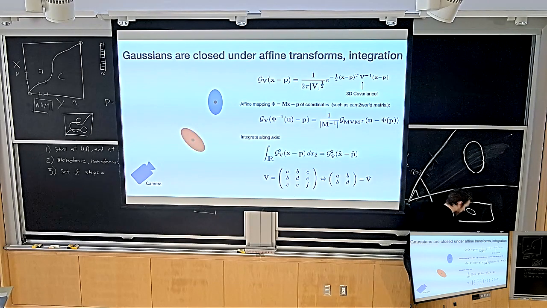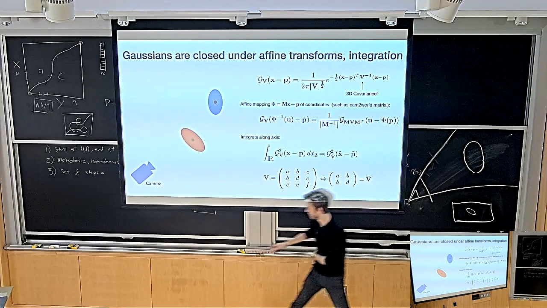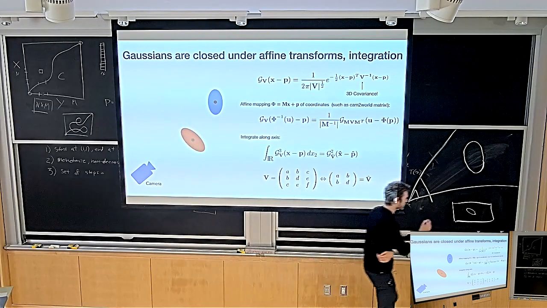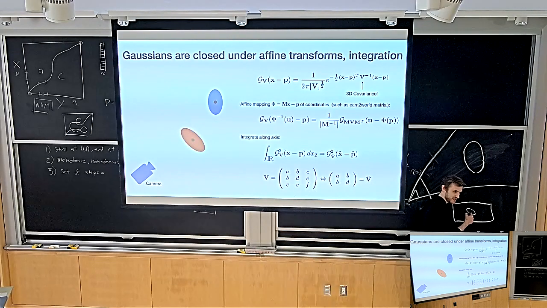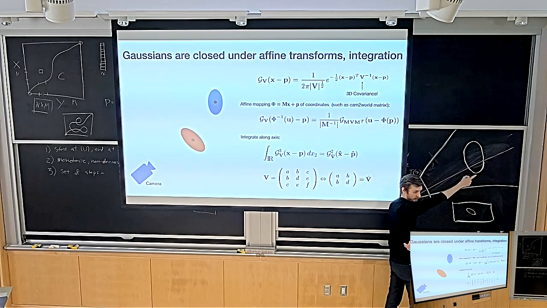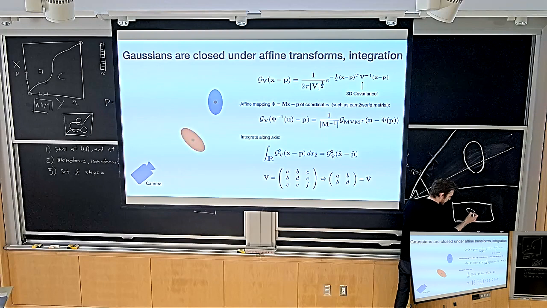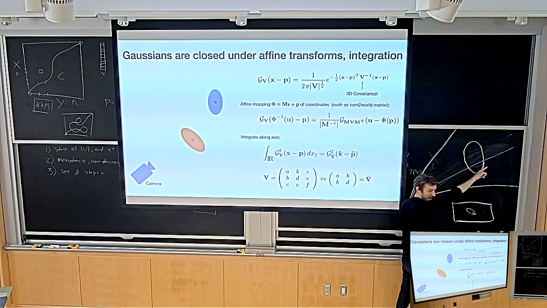It turns out that the integral of the density, let's say we look at this ray here. This ray might be this pixel here, for instance. The integral of the density of this 3D Gaussian along this ray can be evaluated by evaluating this 2D Gaussian at this pixel coordinate.